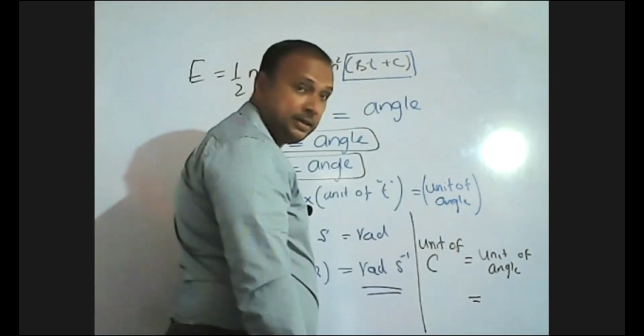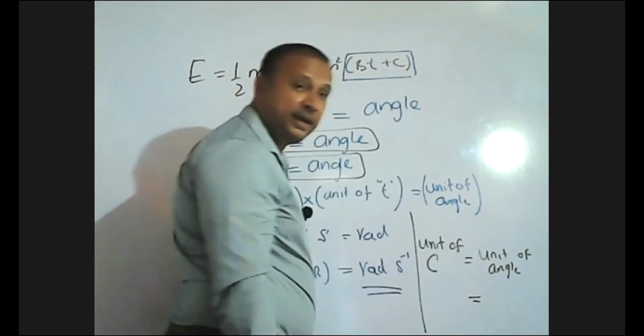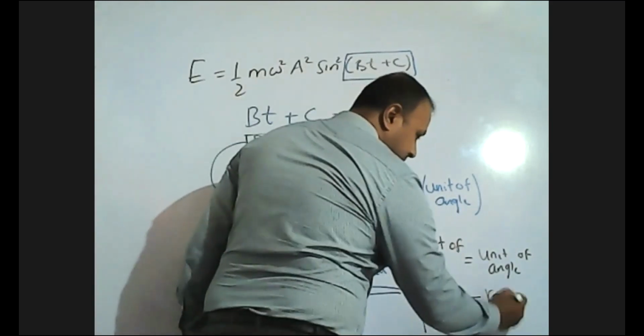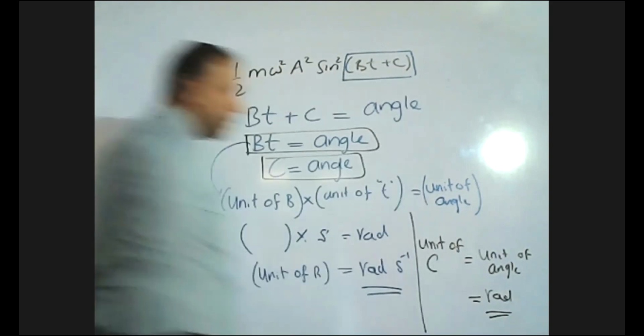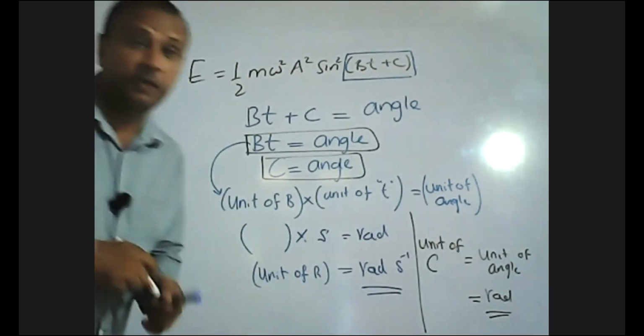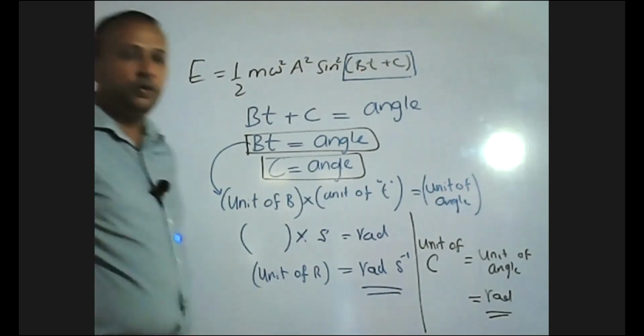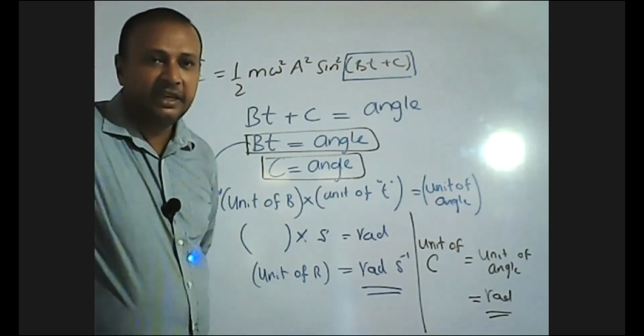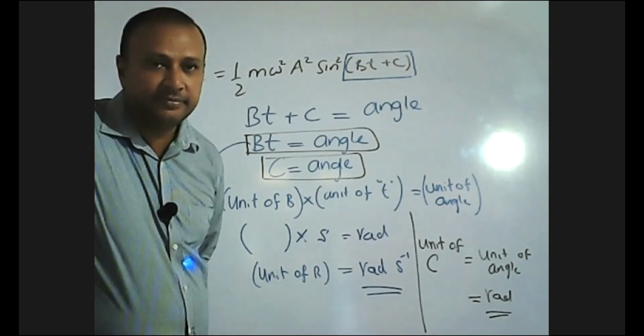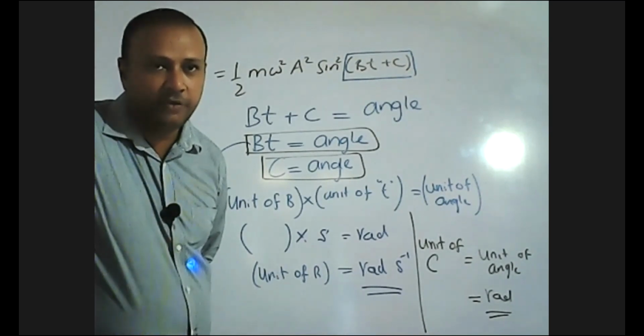I can substitute the unit of angle here, that is radian. So unit of C should be equal to radian. Understood? Everyone? Very good.